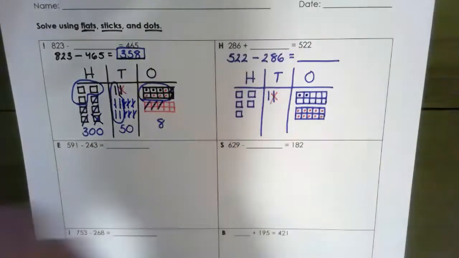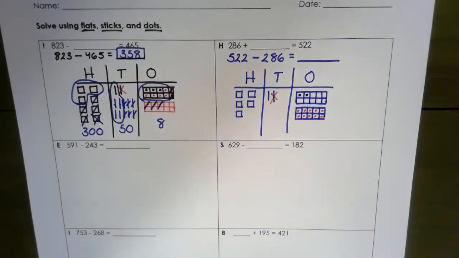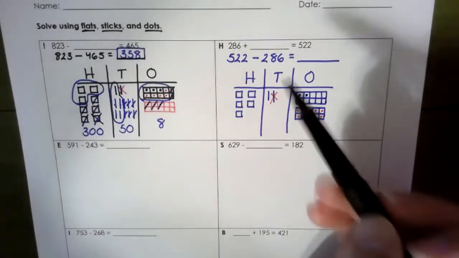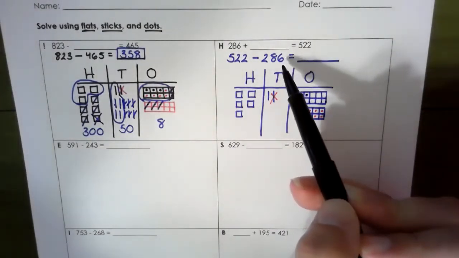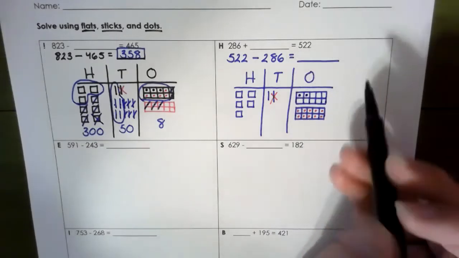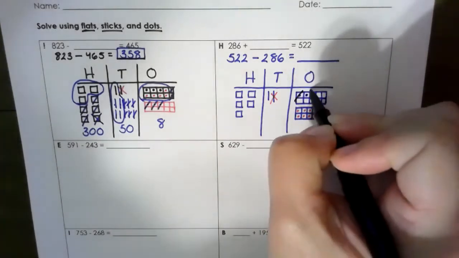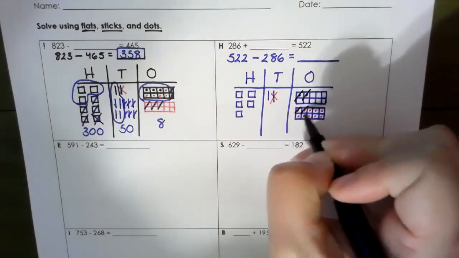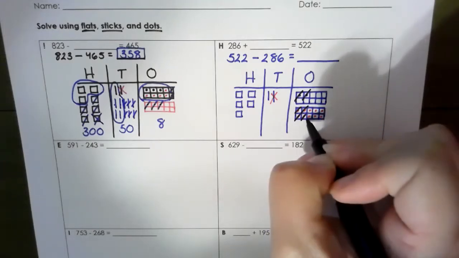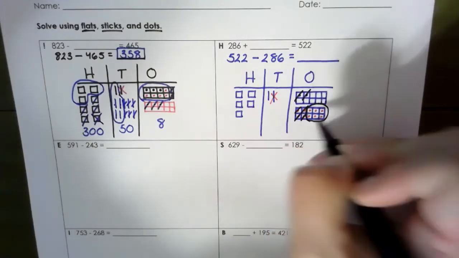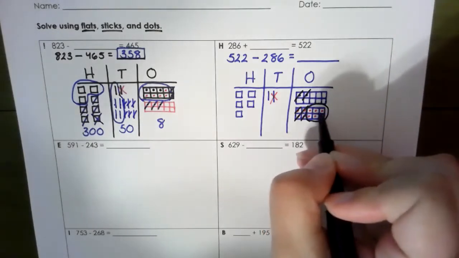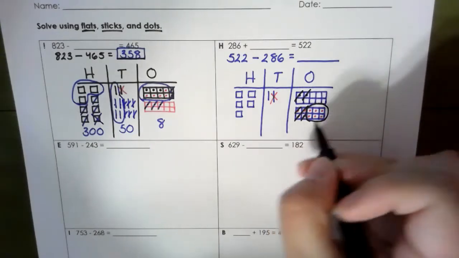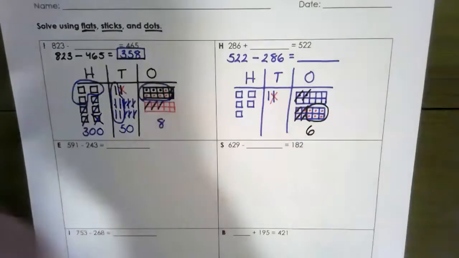Now do we have enough to subtract? We need to subtract 6 ones. Let's go ahead and cross those out to subtract them. 1, 2, 3, 4, 5, 6. Circle the ones that are left. Count them. 1, 2, 3, 4, 5, 6. I have 6 ones left.